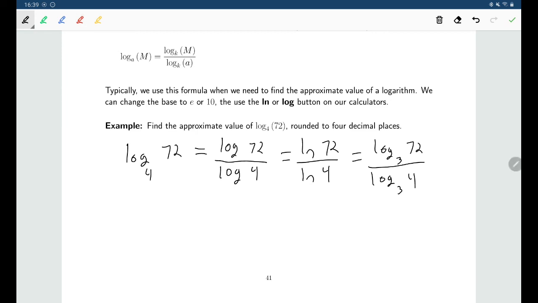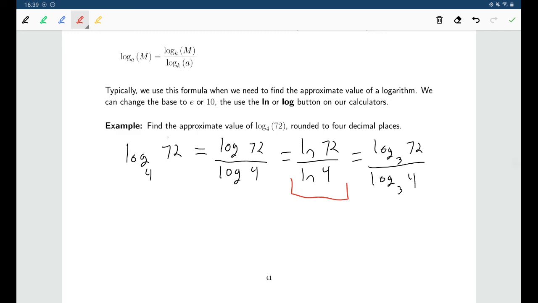Now, of course, this one with log base 3 is less than useful for us with our calculators. So if you're looking for the approximate value of log base 4 of 72, then either you can use the common log, log 72 divided by log of 4, or you can use the natural log of 72 divided by natural log of 4.